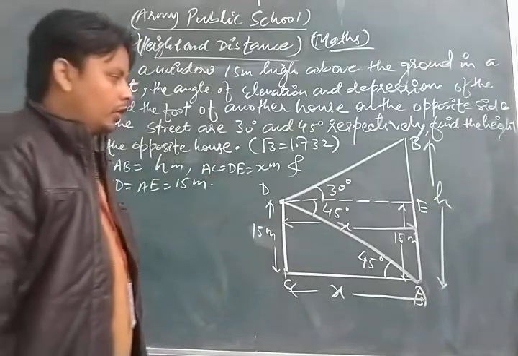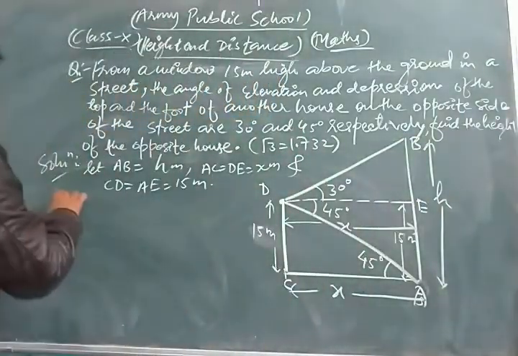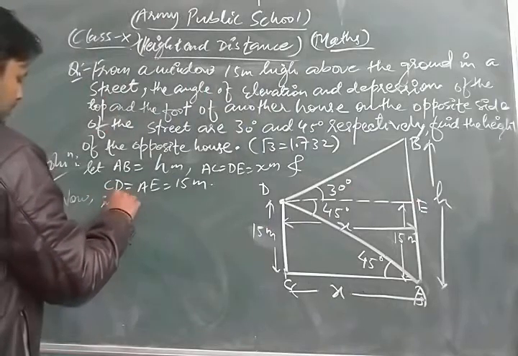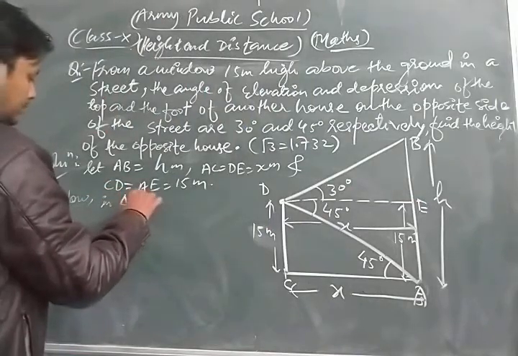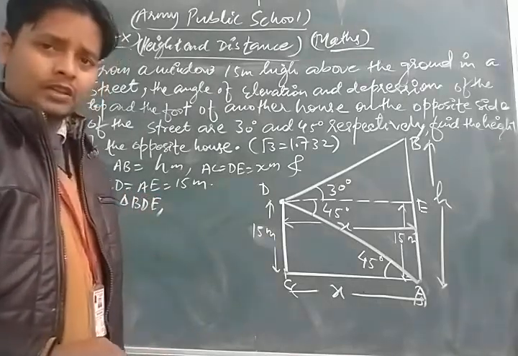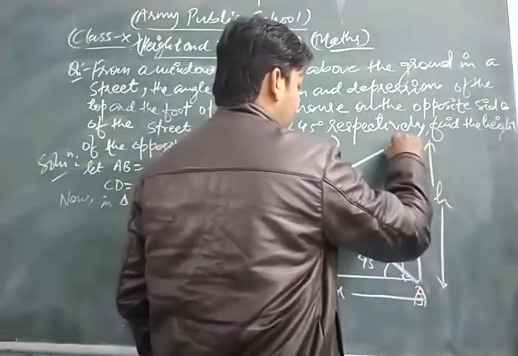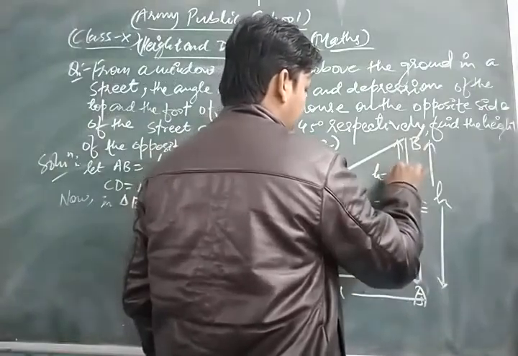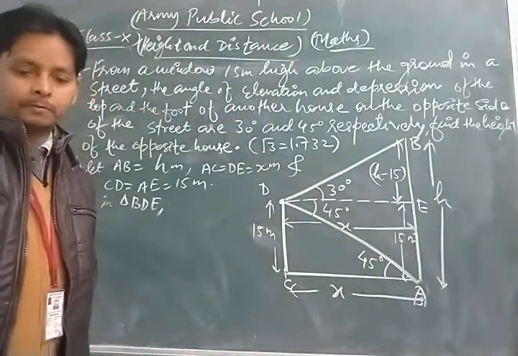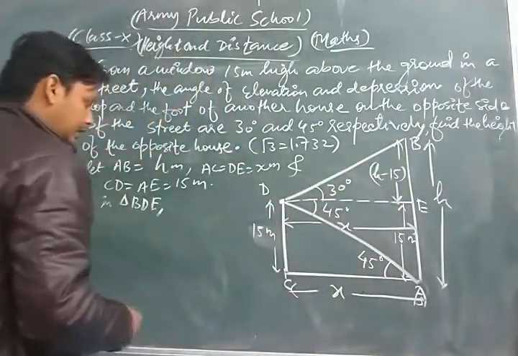Okay. Now look. First we take triangle BDE. Now in triangle BDE, dear student, this is 15, and the whole height we take as H. So this is H minus 15. In triangle BDE, tan 30, because the perpendicular upon the base gives tangent.